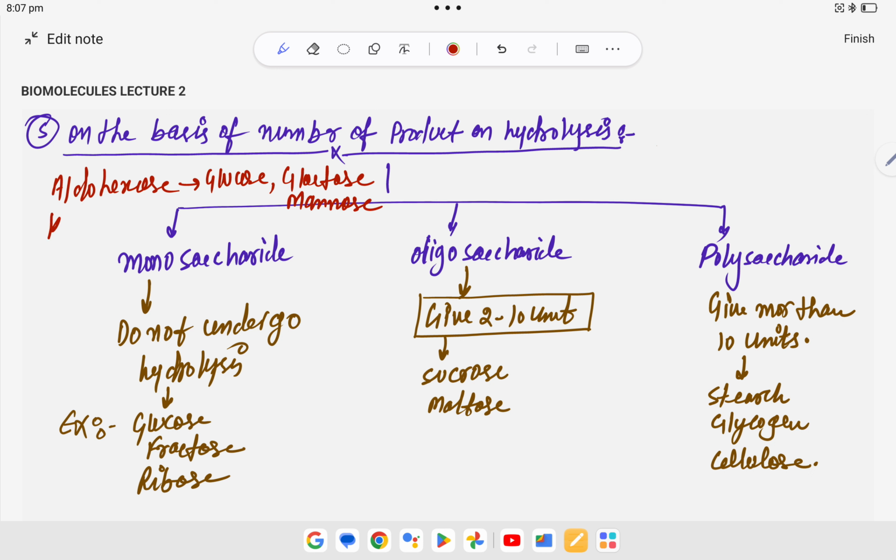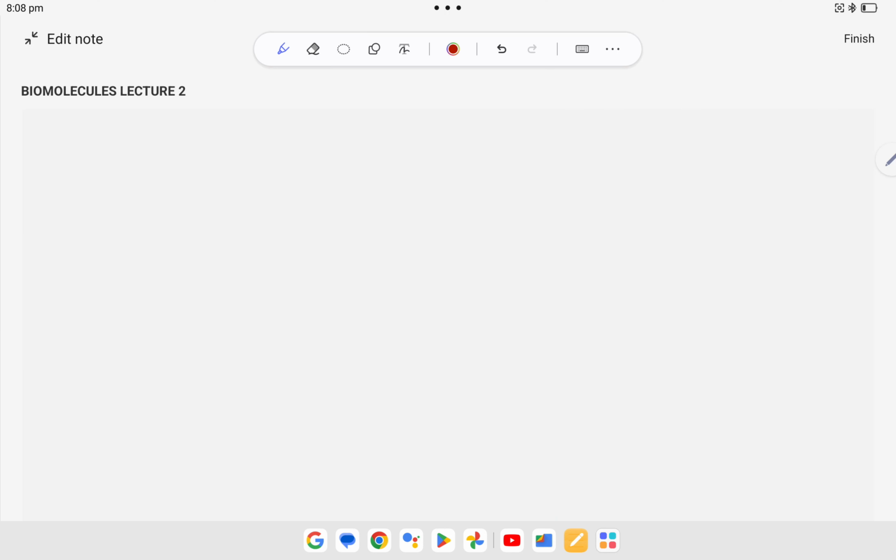In the case of ketohexose, we will discuss fructose. These topics we have to discuss. Okay, so this is simple, no difficult part. Let's talk about the preparation of glucose.